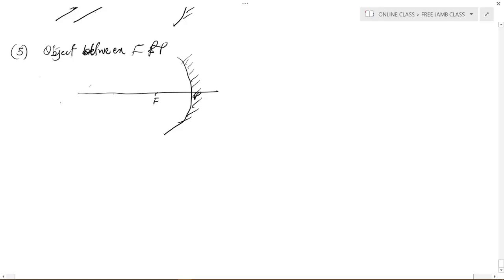I didn't show C. C here, object is here. So this ray here goes like this, instead of passing through, it reflects backward. It appears at the back.